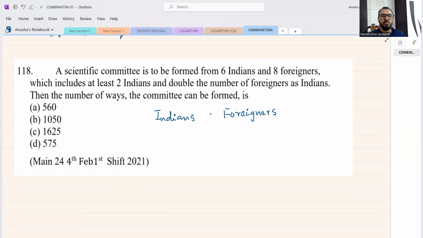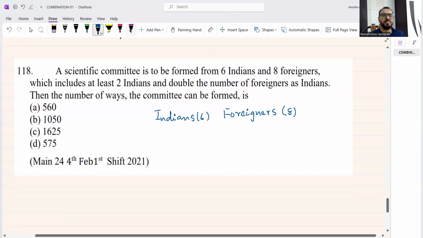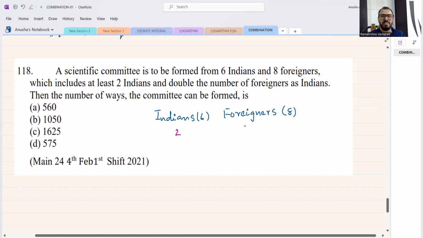Okay. So we have Indians 6 and foreigners 8. Suppose if you select 2 Indians, you must select 4 foreigners.